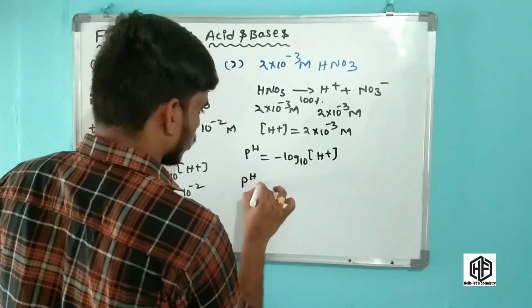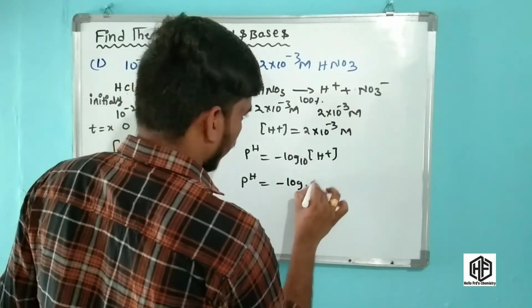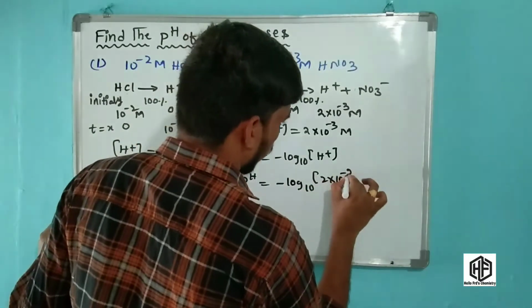Now pH is equal to minus log base 10 of 2 into 10 to the power of minus 3.